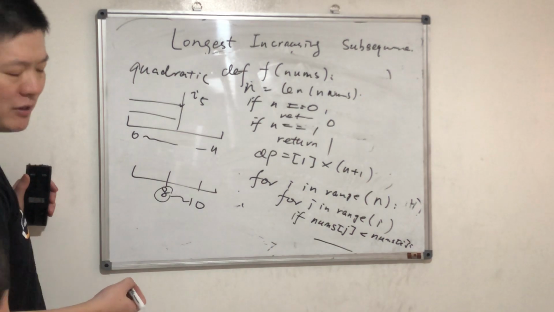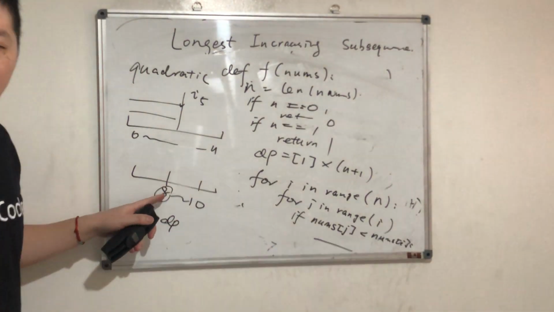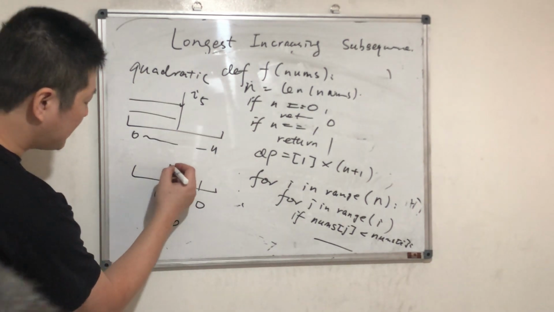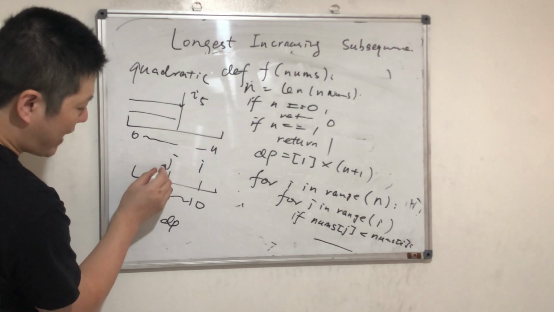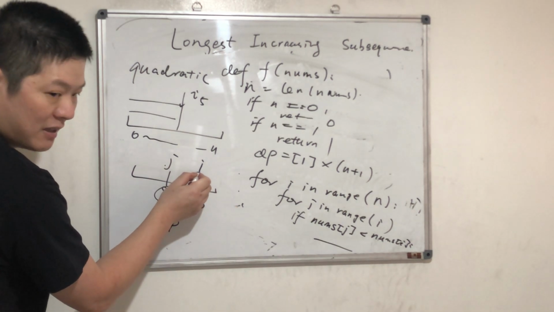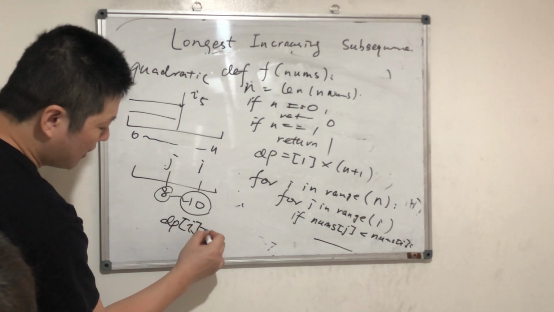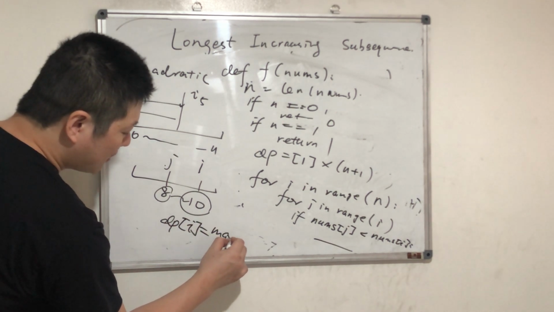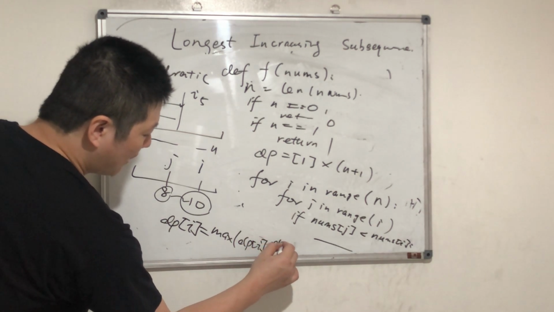Not yet, we need to fill the value. If nums[j] is smaller than nums[i], then we need to update dp[i] equals the maximum of dp[i], and dp[j] plus 1.